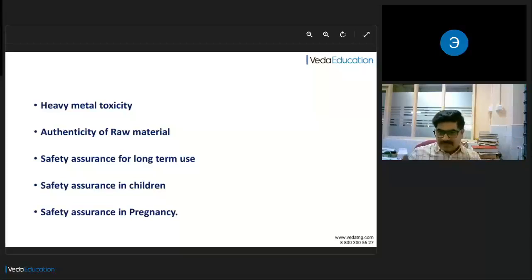So it is 100% safe if it is used with proper care, with proper dose, proper adjuvant, etc. So there is nothing to worry regarding the toxicity of heavy metals.